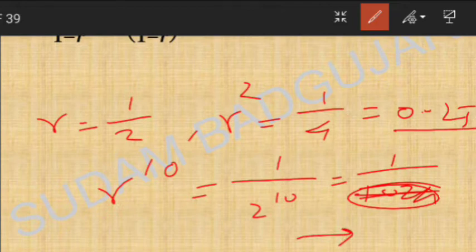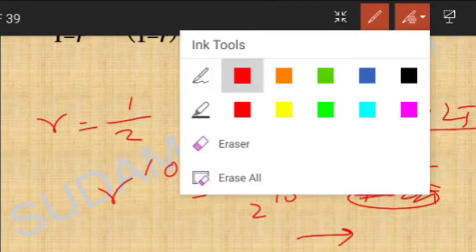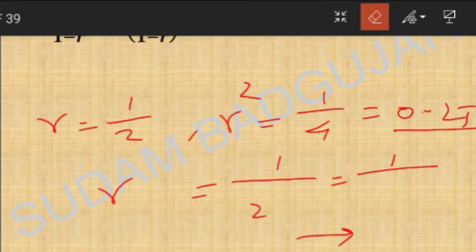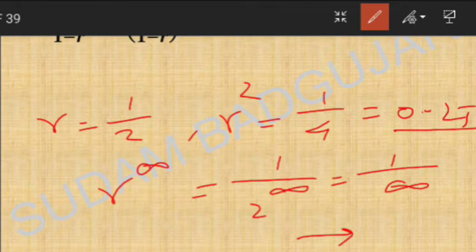Suppose n is infinite here, then 2 raised to infinity is infinity, and 1 upon infinity tends to 0. Okay, it becomes very close to 0.